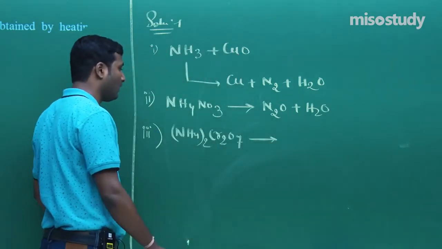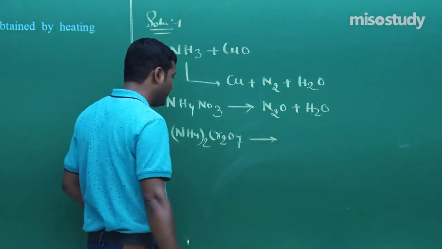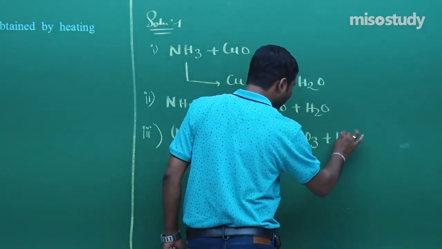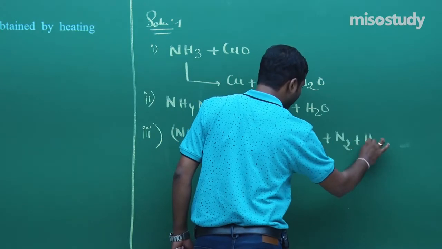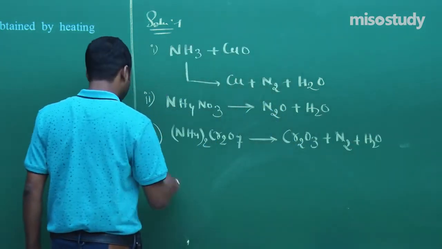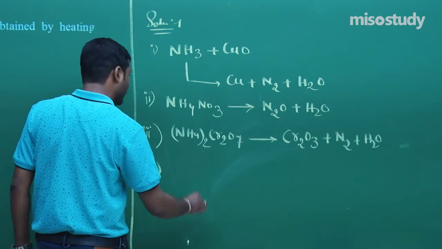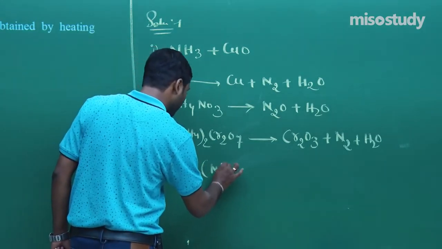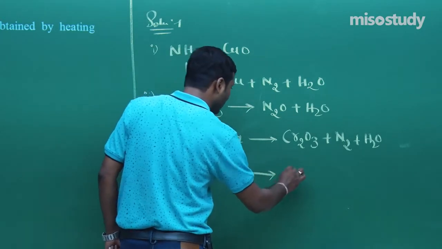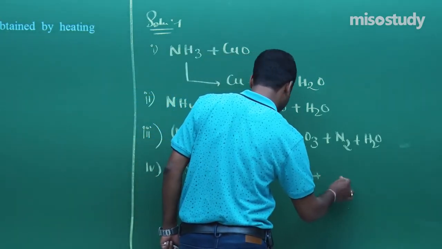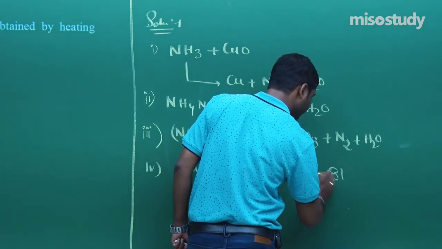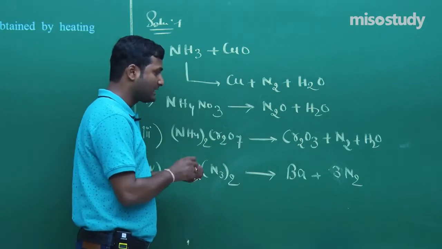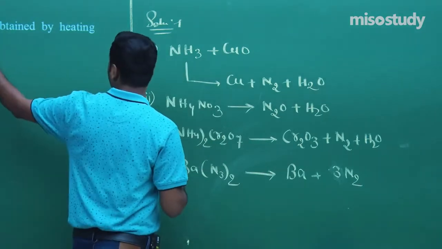Given here (NH4)2Cr2O7. It gives you Cr2O3, N2 plus H2O, clear? Now the fourth reaction is, tell me friends, Ba(N3)2. It gives you Ba plus 3N2, clear to you? Now check it out, of all the reactions, which is the best one.